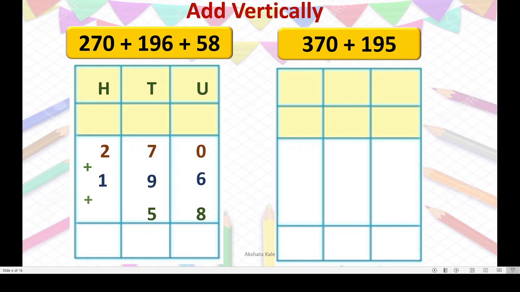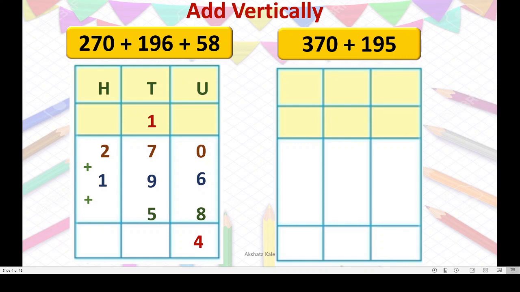Now we will begin our addition. 6 plus 8 is 14, isn't it? 4 we will write here and 1 is carried over to the tens place. Now 1 ten plus 7 tens, that is 8 tens. 8 tens plus 9 tens is 17 tens, plus 5 tens, that is 22 tens.